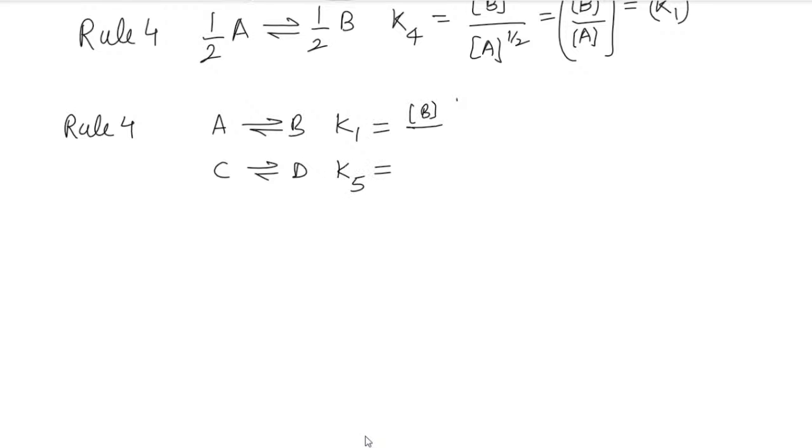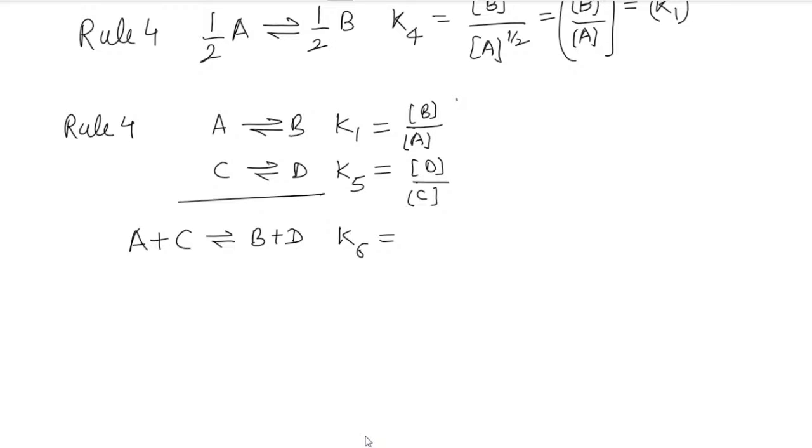K1 is B over A, K5 is D over C. So when we add them, then A plus C gives B plus D. So K6 becomes B into D over A into C. So that is B upon A, D upon C. That means K1 into K5. So if we add the equations, equilibrium constants are multiplied.